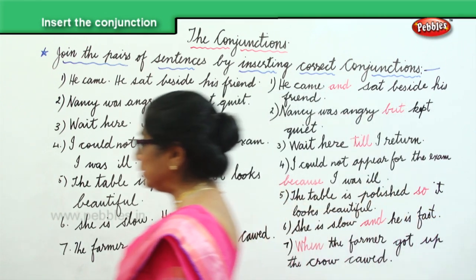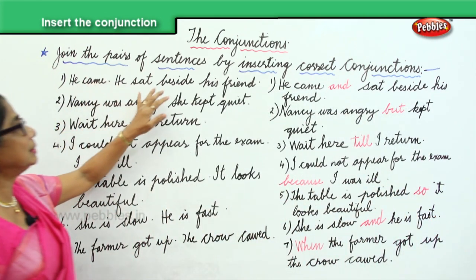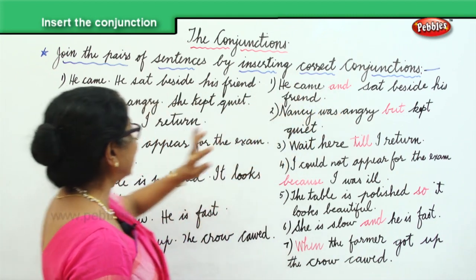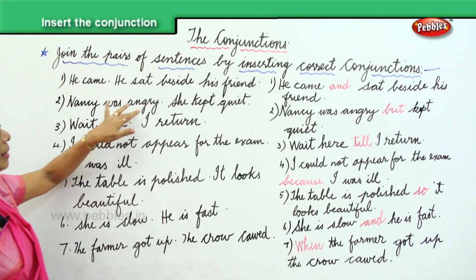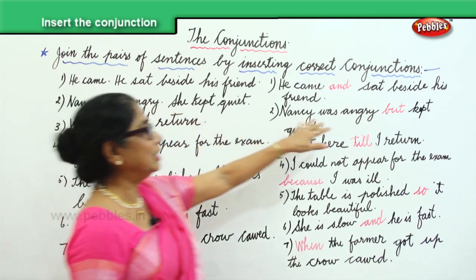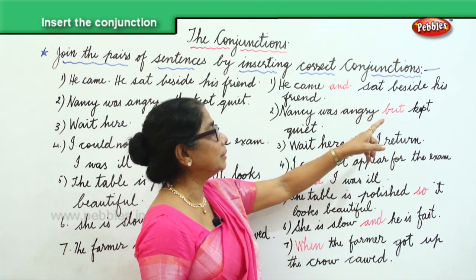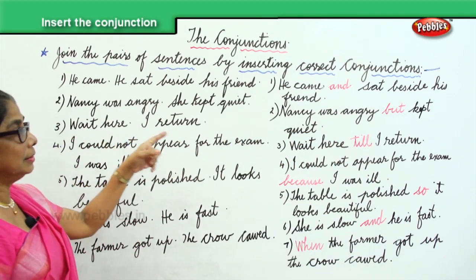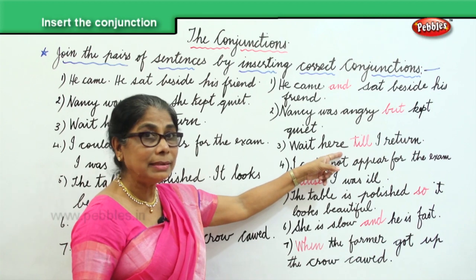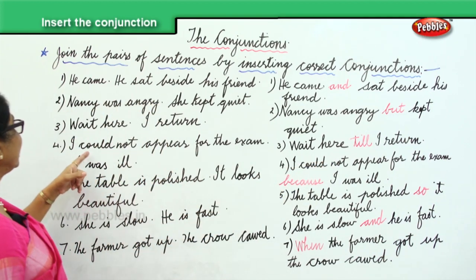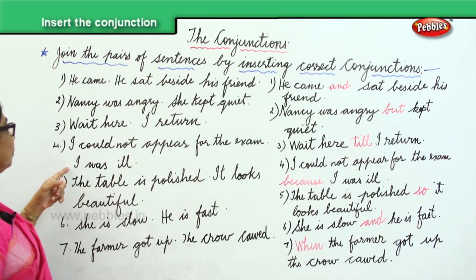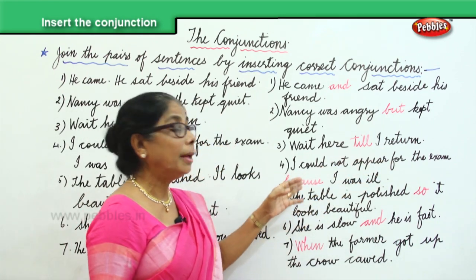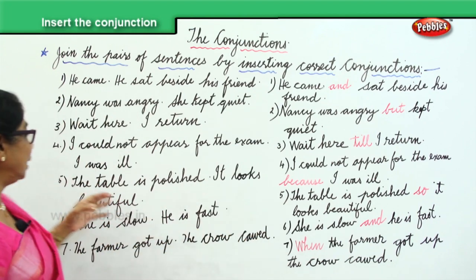Let's look at the seven sentences. He came, he sat beside his friend. He came and sat beside his friend. Nancy was angry. She kept quiet. Nancy was angry but kept quiet. Wait here, I return. Wait here till I return. I could not appear for the exam. I was ill. I could not appear for the exam because I was ill.